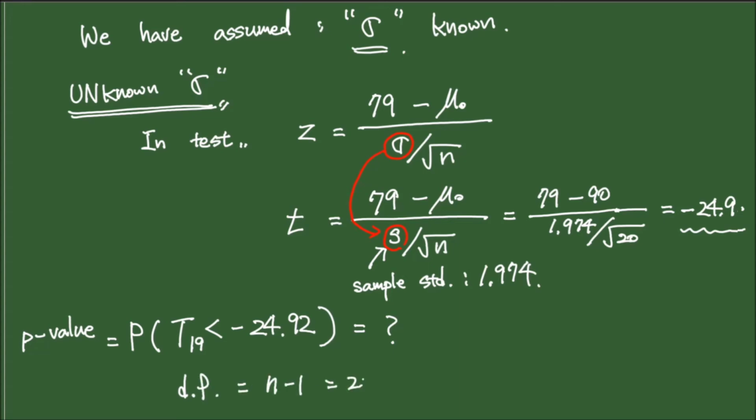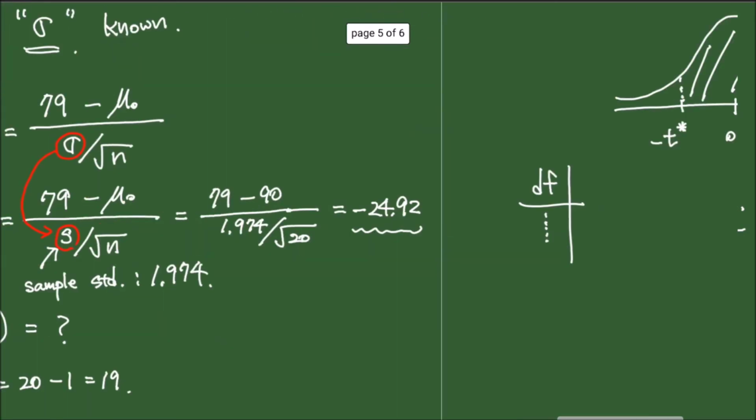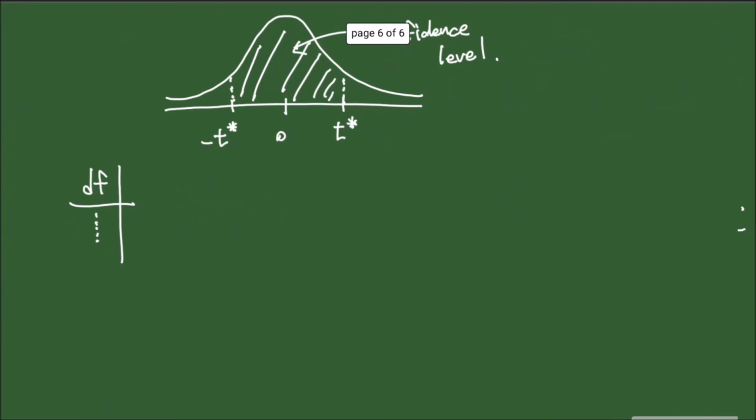So with n as 20, minus 1 will give us 19, right? Specifically, we are looking for the t distribution whose degree of freedom is 19.